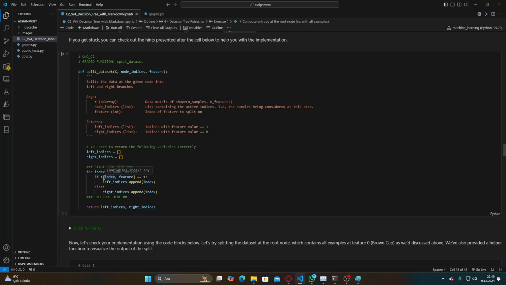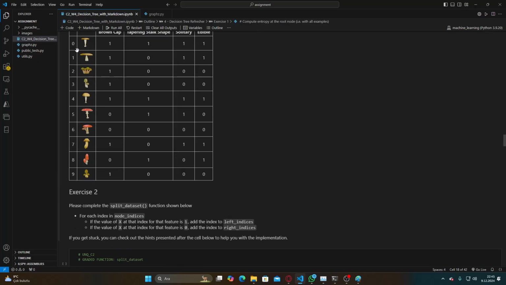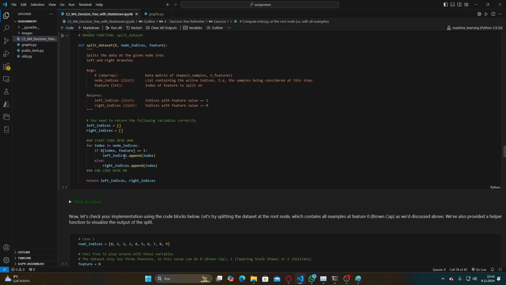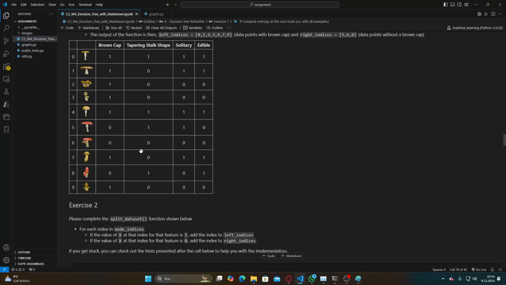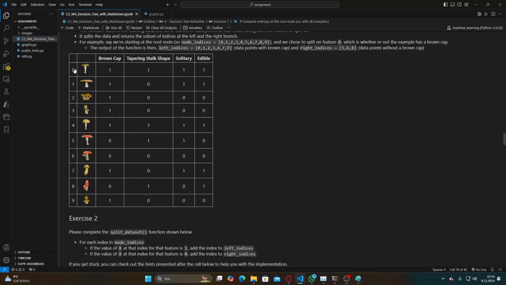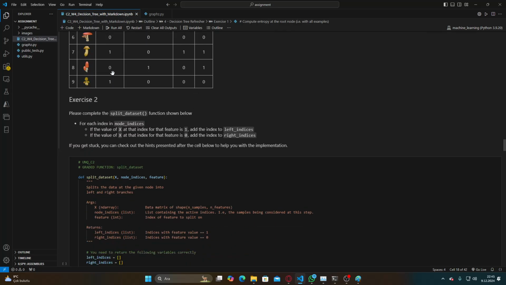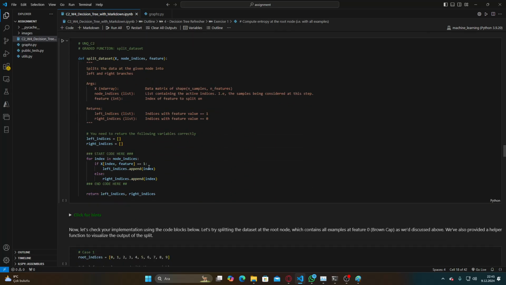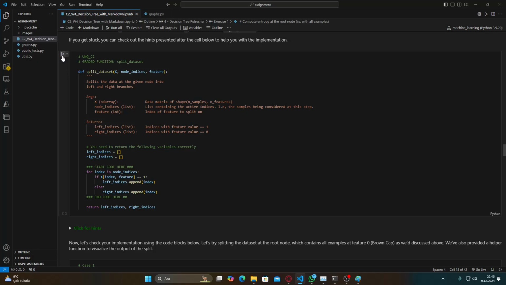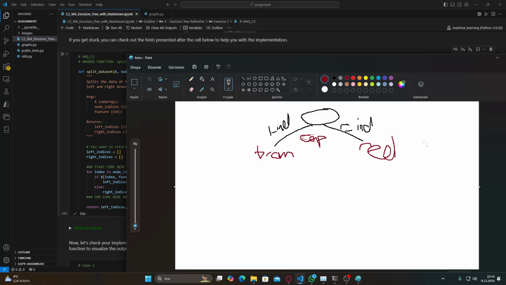And if x at the index of the feature is equal to 1, that means we're taking the index, like 0 to 9, and if it equals 1, we add it to the left indices. Otherwise, we put it in the right indices.